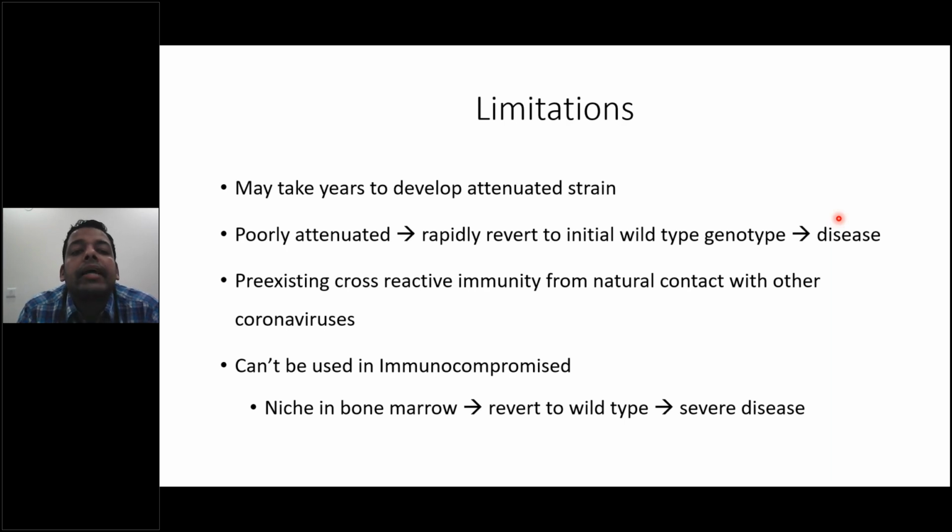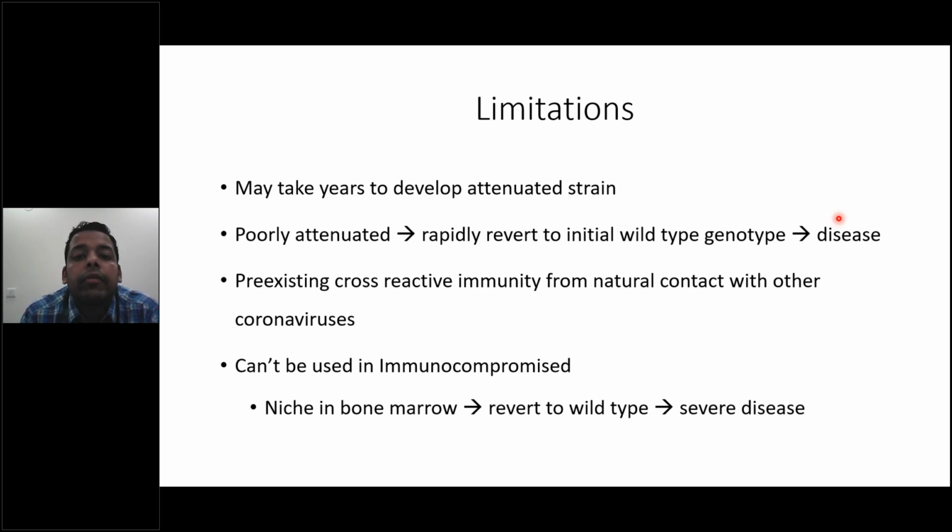Also, there may be some pre-existing cross-reactive immunity from natural contact with other coronaviruses. Also, attenuated vaccines cannot be used in immunocompromised individuals, as they may survive in some niches in bone marrow, and the attenuated virus may revert to its wild type and then lead to severe disease.